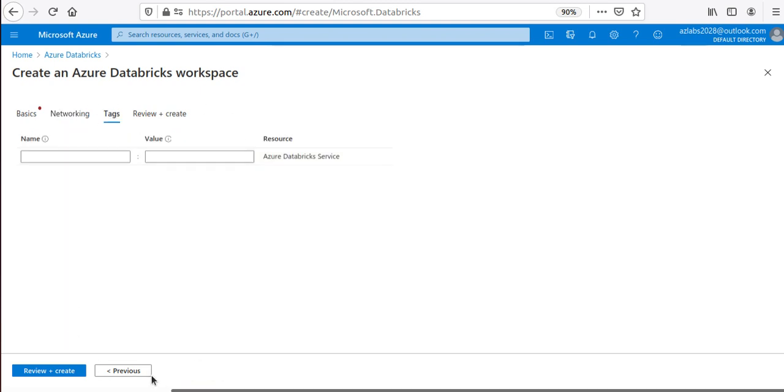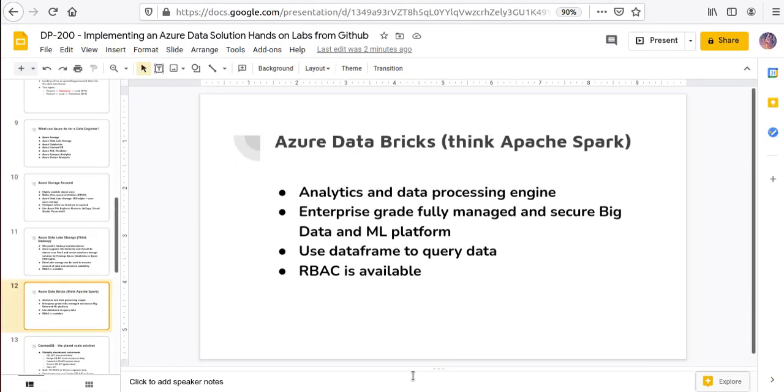And then tags is very standard, and you just create your Azure Databricks solution. So let's come back to the presentation again. You'd be using it to analyze and process your data, and this is an analytics and data processing engine.